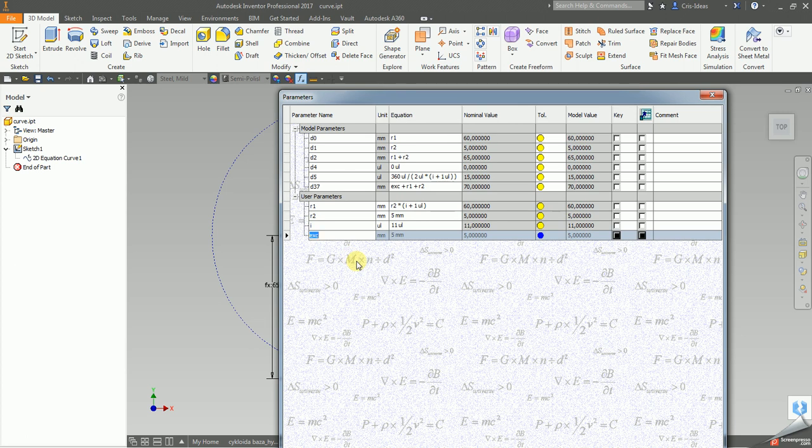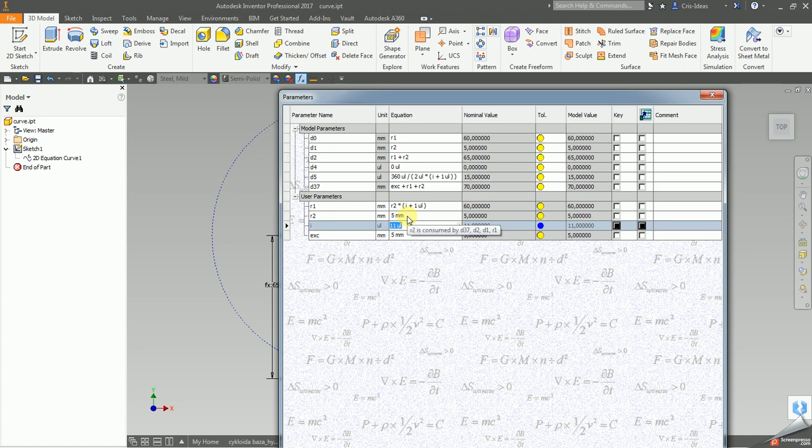This is the eccentric, but in this case we will use it as equal to the second radius. I also have this formula for R1 calculation that gives me the diameter of the gear, based on the ratio of the gearbox that I want.